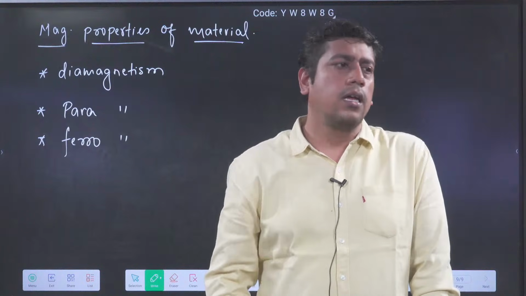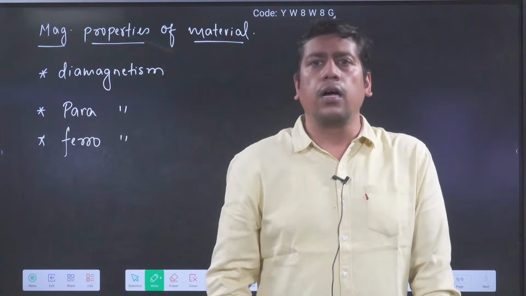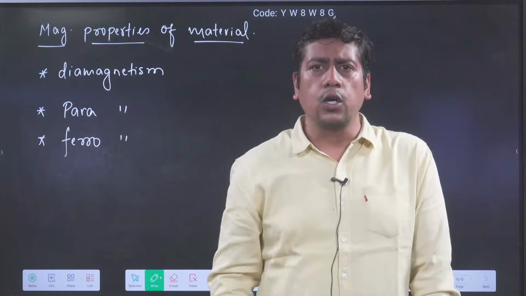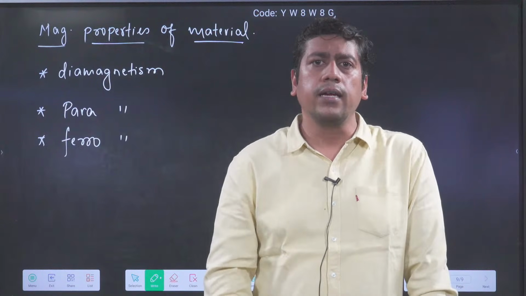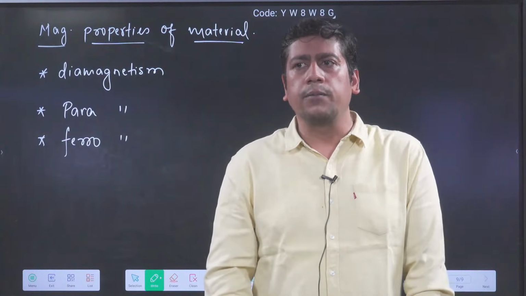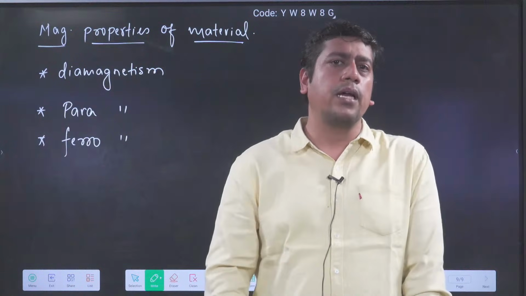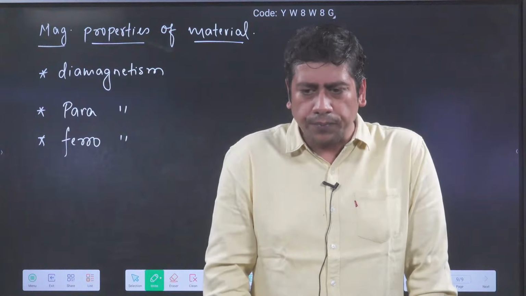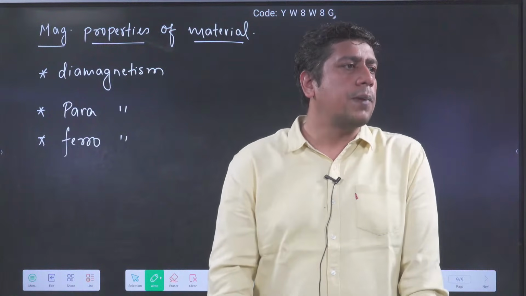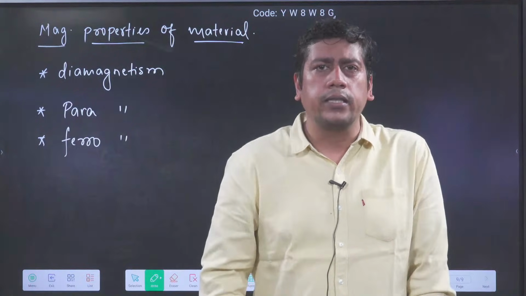You have seen an iron coin being strongly attracted by a magnet. That is known as ferromagnetism. If a material is strongly attracted by a magnet, that is the behavior of a ferromagnetic substance. Now, what is a paramagnetic substance? What is a diamagnetic substance? We will discuss.